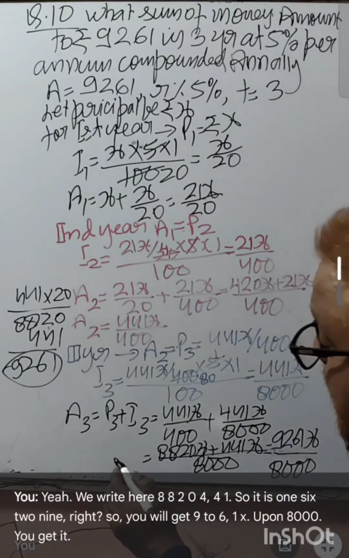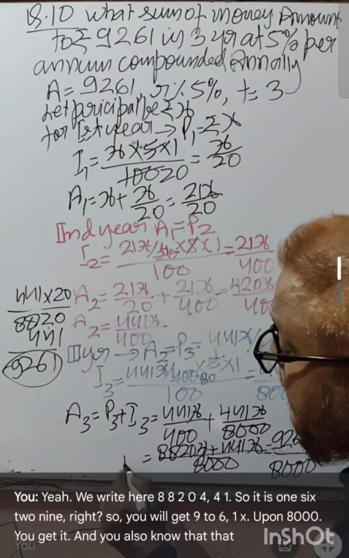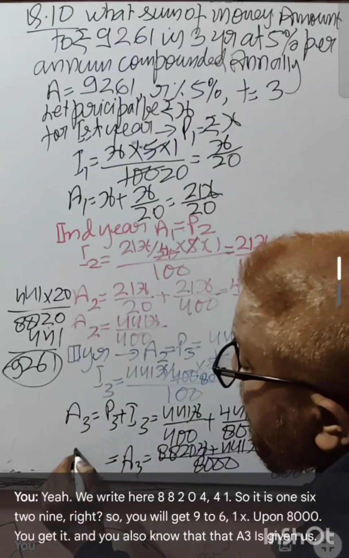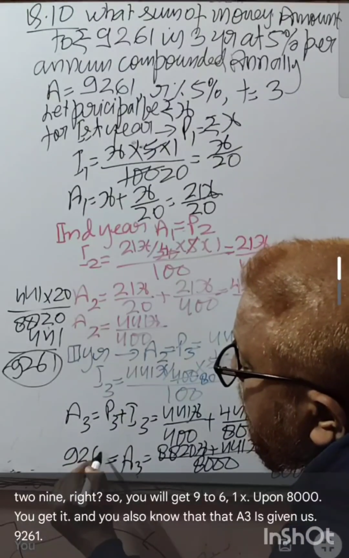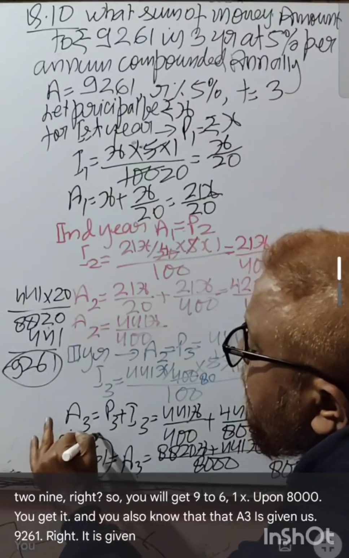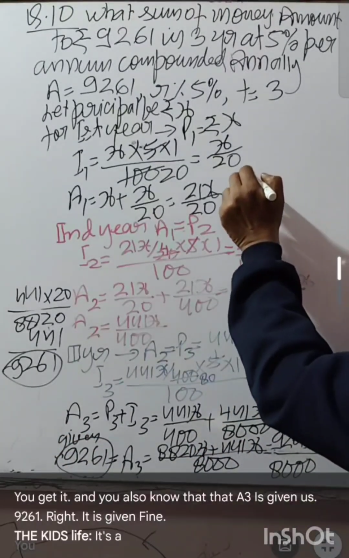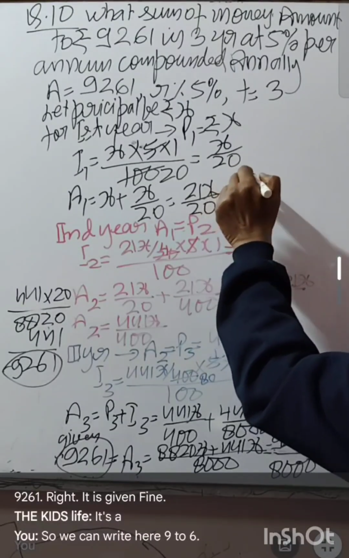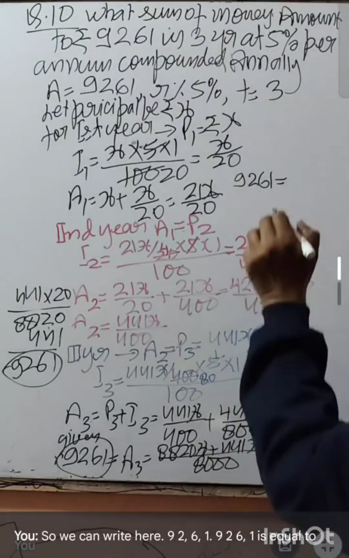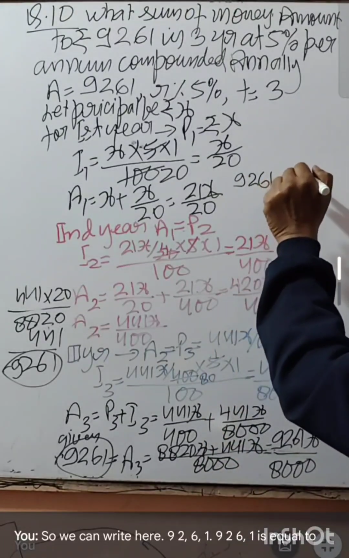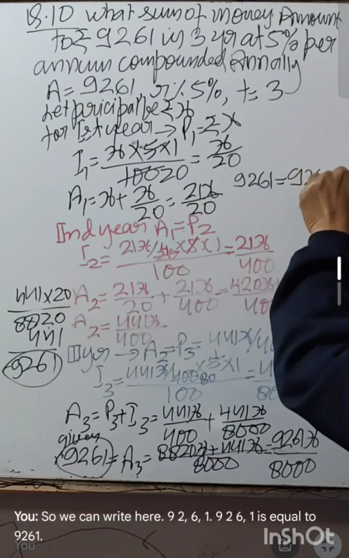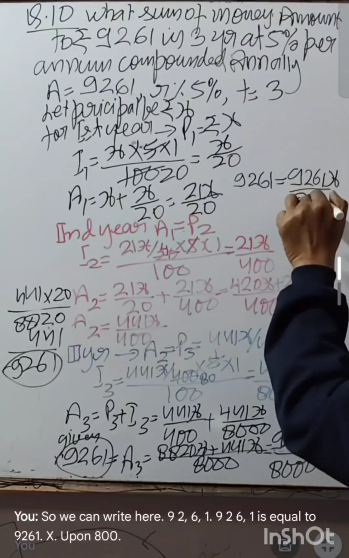And you also know that A3 is given as 9261, right? So we can write 9261 is equal to 9261x upon 8,000.